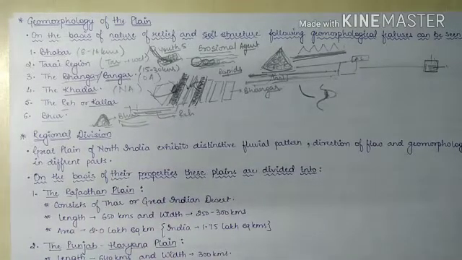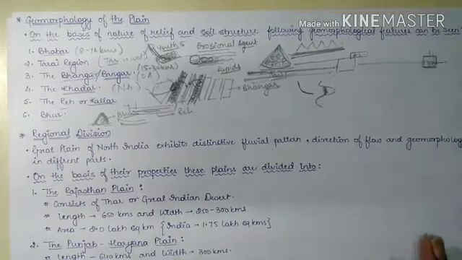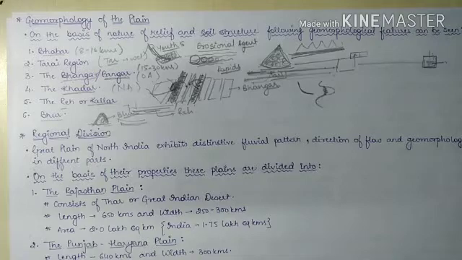Now we will look into the regional division of the Great Plains. The Great Plains in India are treated as a geographical unit with low elevation and gentle slopes. This vast area exhibits a distinctive fluvial pattern, the direction of flow of rivers, and different geomorphology in different parts.